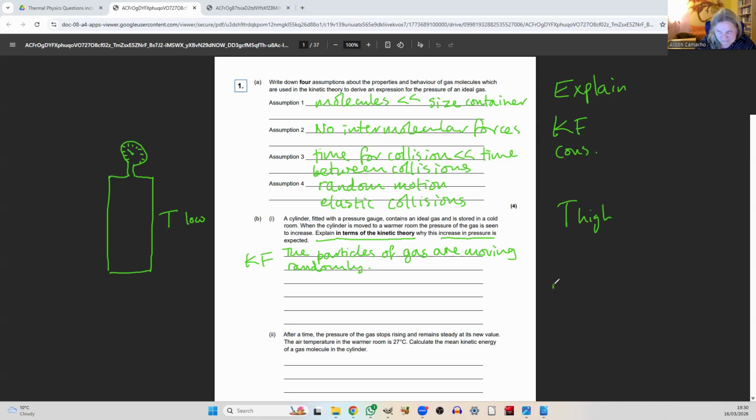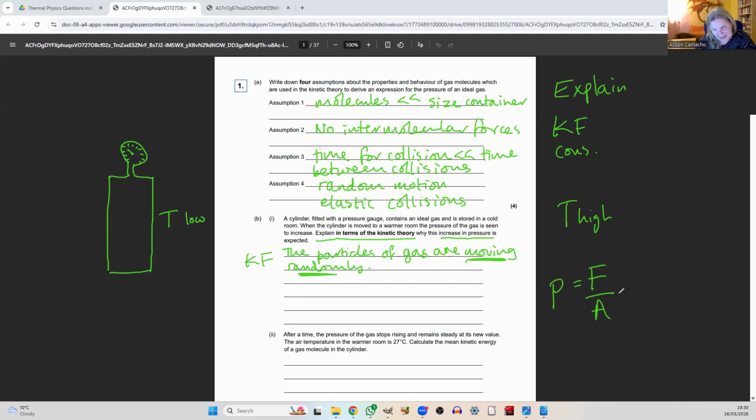Another key fact, equation for pressure: force over area. Where does the force come from? The random movement, when they hit the wall of the container. It's hitting the wall, the pressure gauge, that matters.